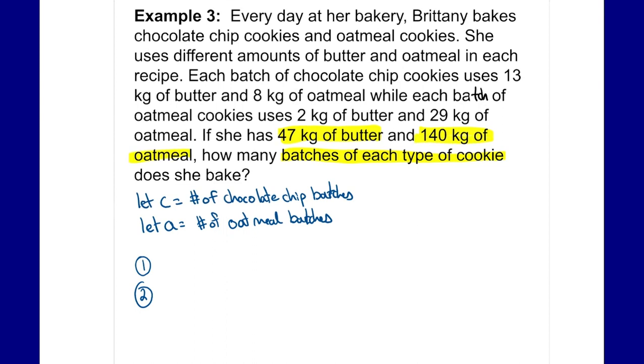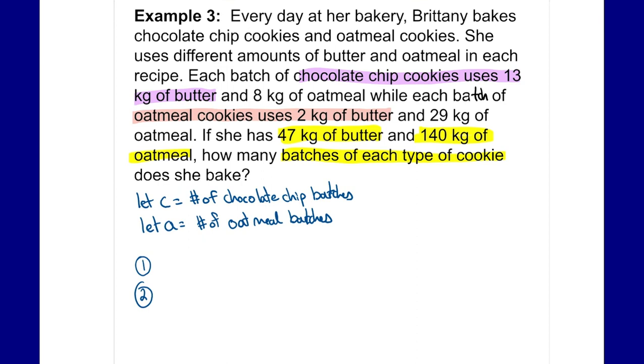So there's probably going to be some sort of a relationship between our variables and the total amount of butter used, and between the batches and the amount of oatmeal used. So let's look at butter. If I go back and look at butter, well, chocolate chip cookies use 13 kilograms of butter, and oatmeal cookies use 2 kilograms of butter.